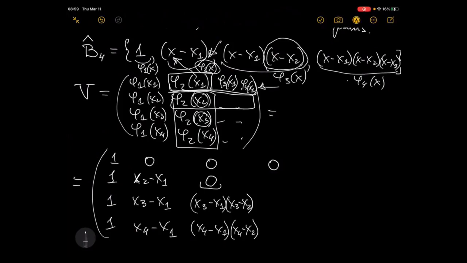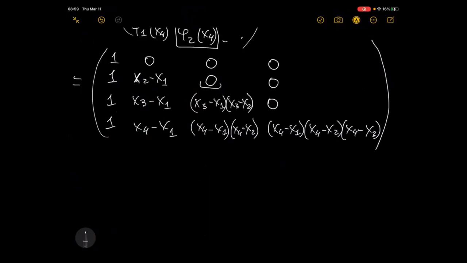this component phi4 contains x brackets with the difference of x and x1, x2, and x3. So it means that the first 3 elements will be zeros, right? And the last element will be x4 minus x1, x4 minus x2, x4 minus x3.